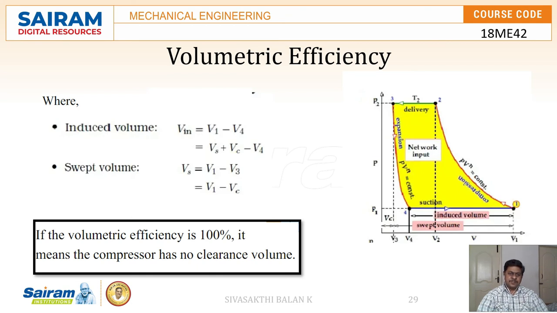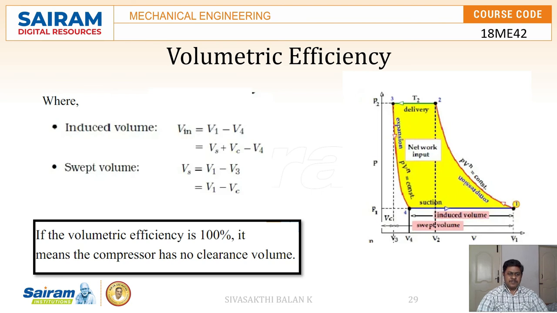The swept volume is the difference between the volume of the cylinder when the piston is at BDC and when the piston is at TDC, or V1 minus V3. We know that V3 is equal to the clearance volume Vc, so the swept volume is equal to V1 minus Vc.